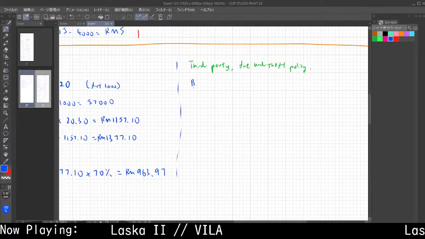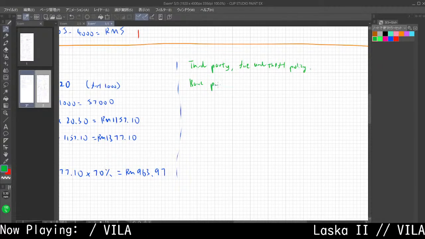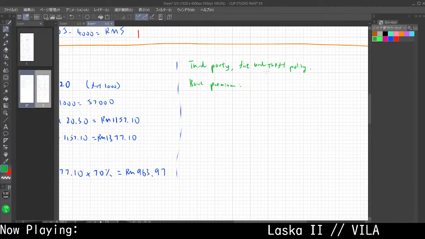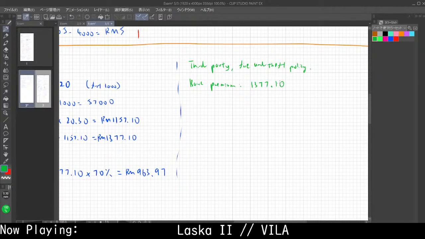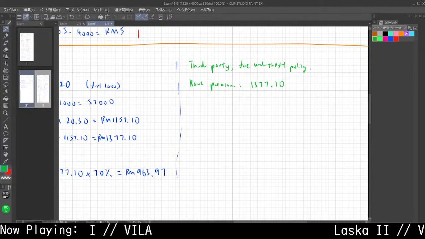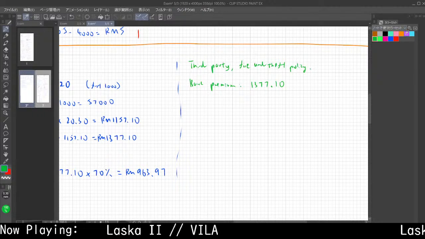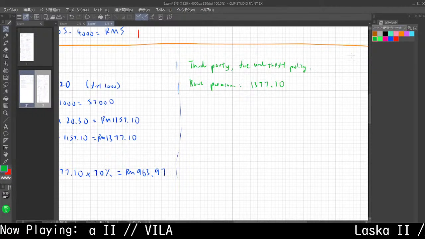So your basic premium for your third party fire and theft would not be the 963 but the 1377.10. In this case you want to use this and multiply by 75% to get the basic premium for your third party fire and theft.